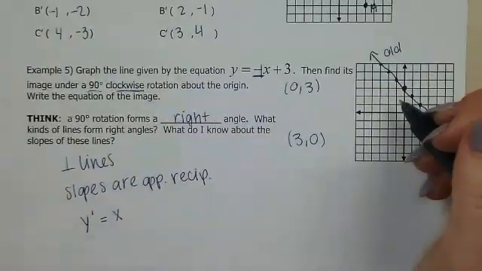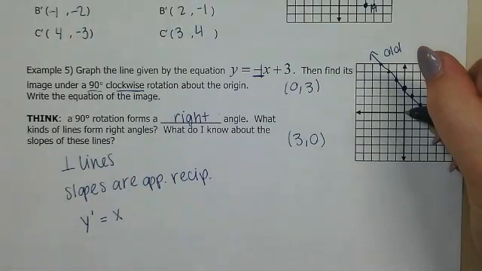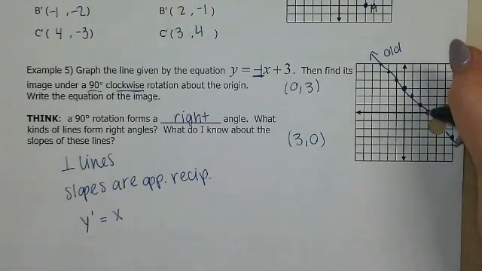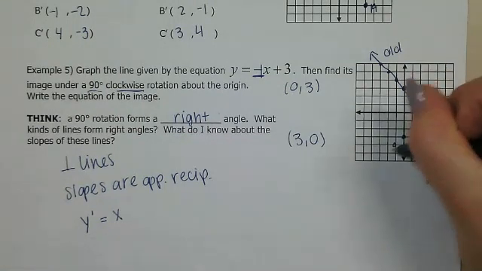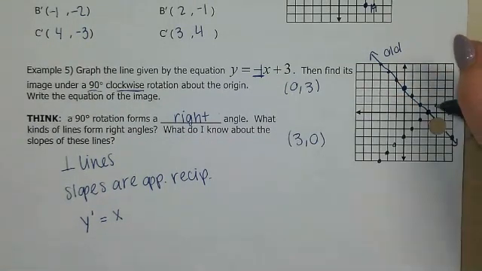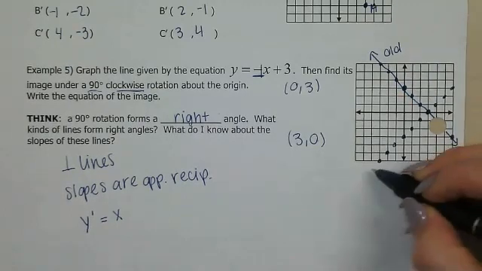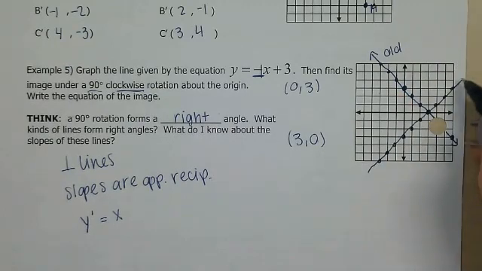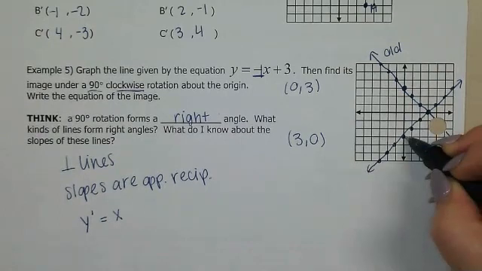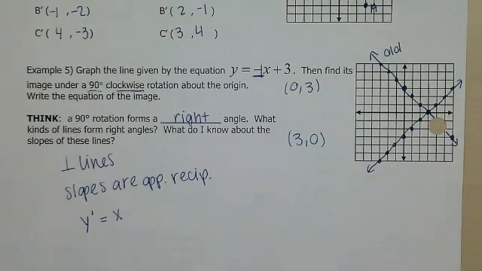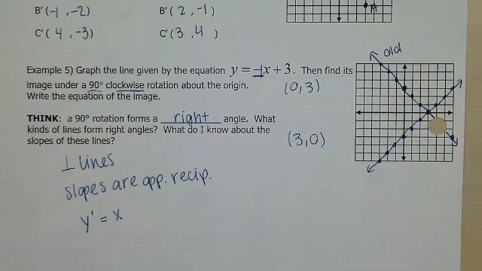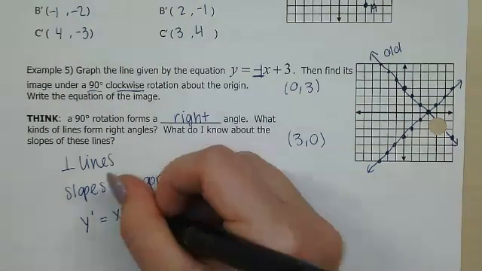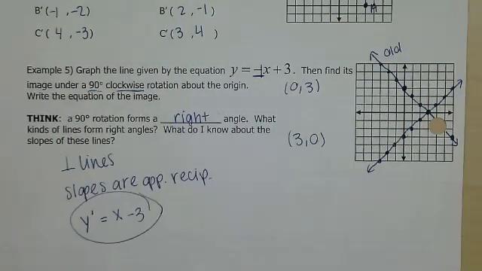So I know that it has the point (3, 0) on it and a slope of positive 1. So I'm going to go graph it. And now that I graphed it, I can see the new y-intercept is at, where's my new y-intercept? Negative 3. So there's my new equation. All right.